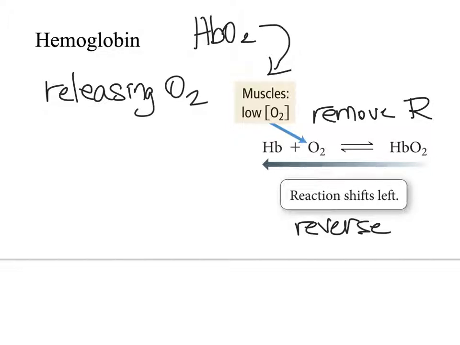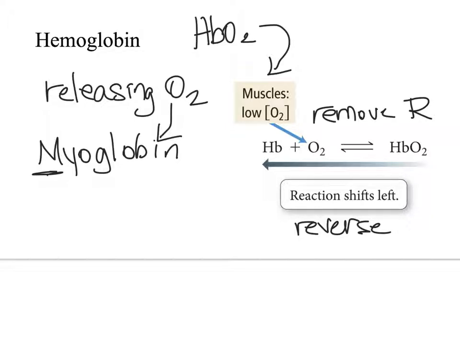One part that is not shown here is that myoglobin, which is sort of a sister protein to hemoglobin, picks up the oxygen and holds on to it in the muscles. And the way you can look at it is M for muscle.